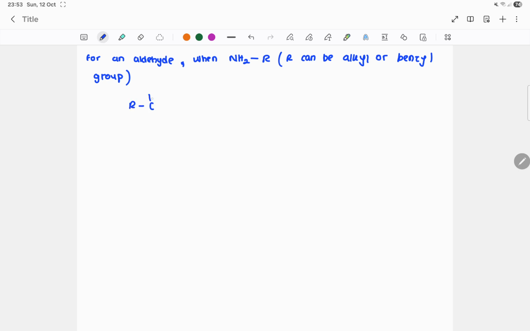RCOH. When NH2R is added, we will get RCH double bond N R dash. This R is not similar to this R, but even if it is similar, it doesn't matter.